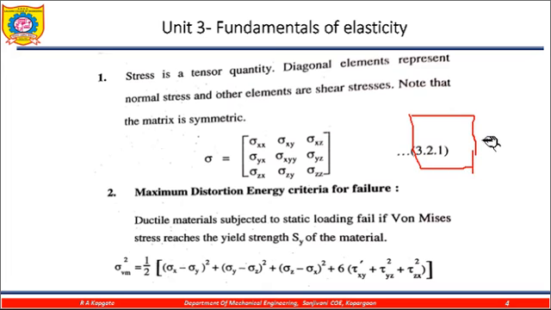Here we apply the force along the x-axis, and the forces are applied along the y-axis, while there is no force along the z-axis. There is no force along the z-axis because this is a plate. It has only a very small thickness, that's why there is no z-axis force.